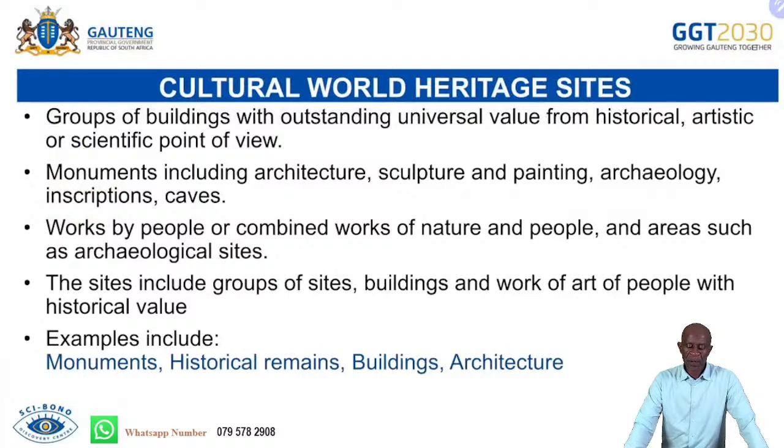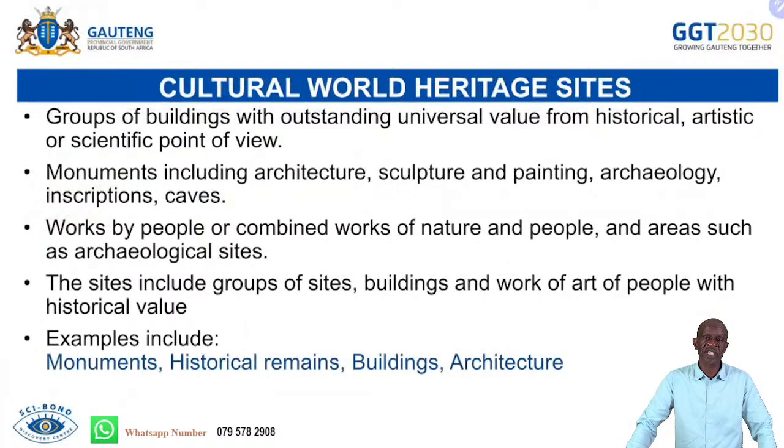The cultural World Heritage Sites are also characterized by combined works of nature and people, and areas such as archaeological sites. The sites include groups of buildings and works of art of people with historical value, with historical importance.